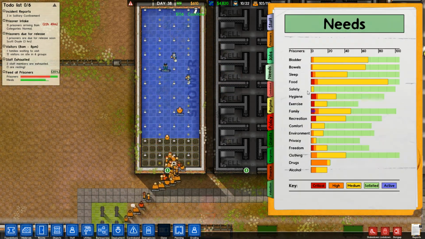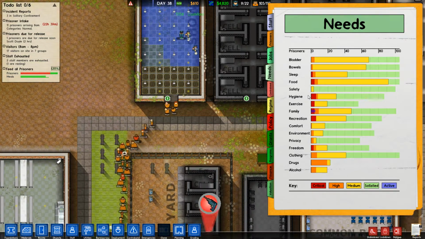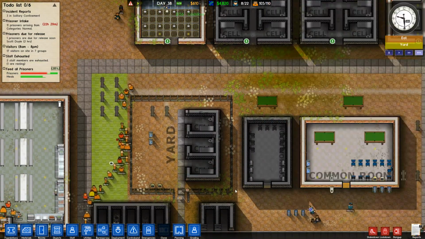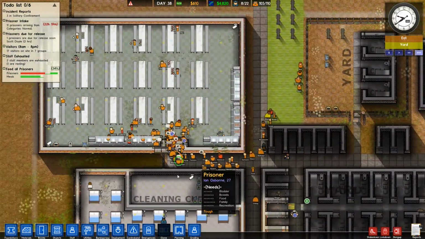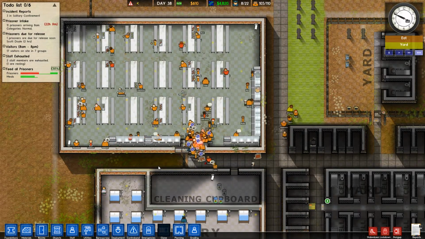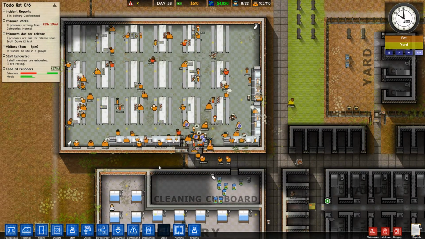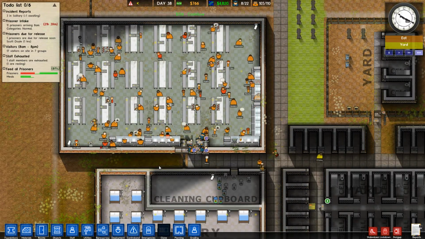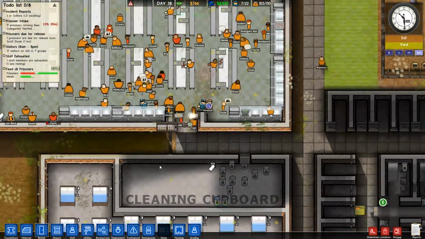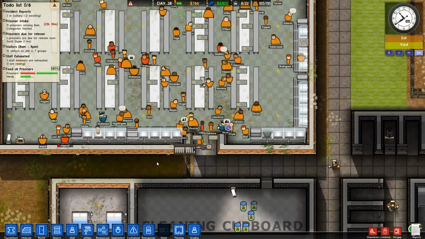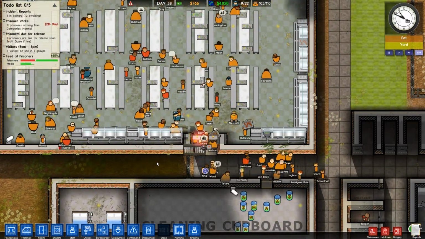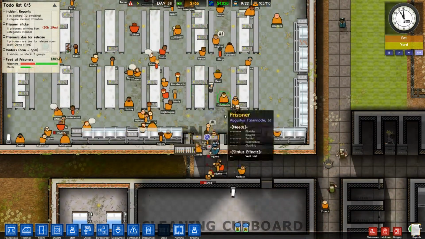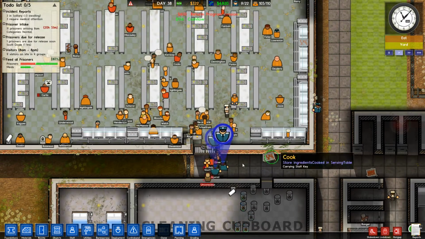Hygiene should be okay. What the hell are they doing bringing drills into my prison? I have to find something to change here, because it's causing a huge bottleneck right now. Whoa, whoa.